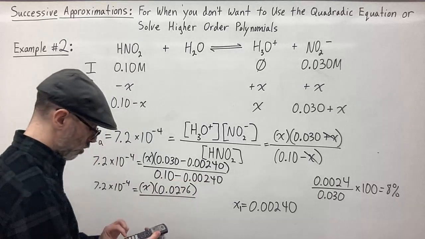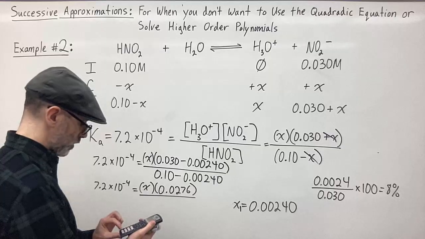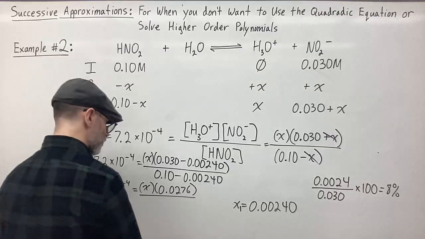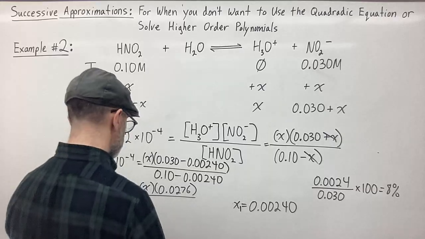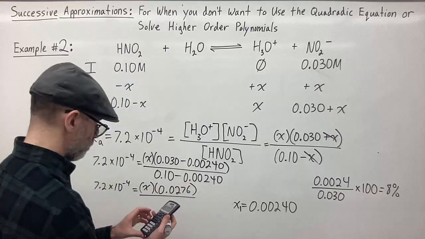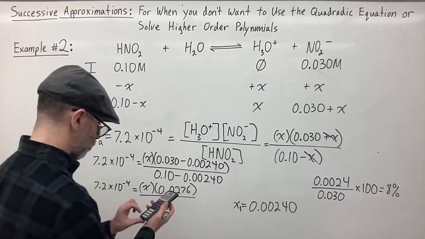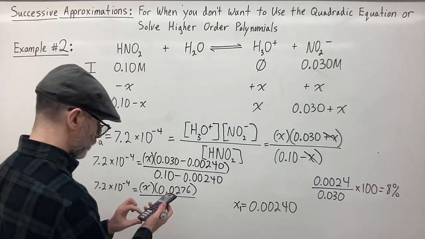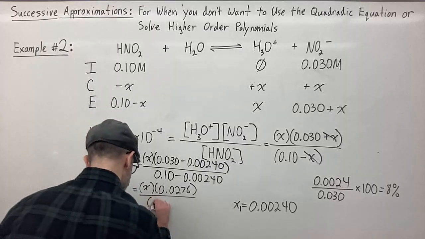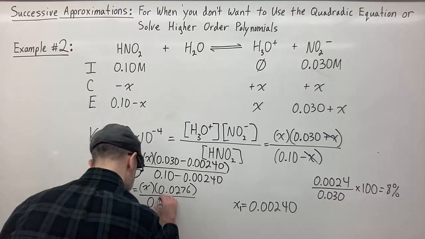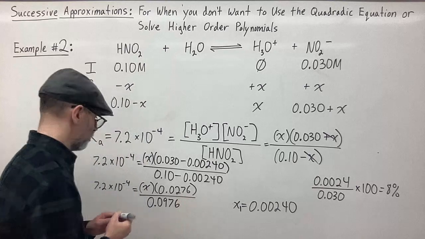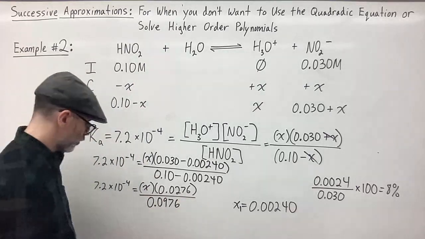We have 0.10 minus 0.00240 equals 0.0976. So now all we have to do is divide those two.